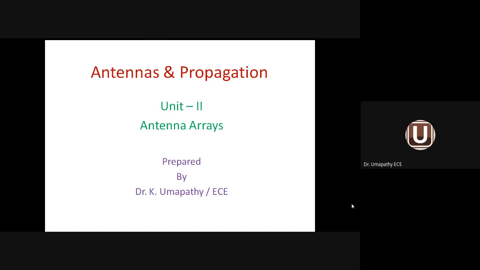Finally, folded dipole and the two derivations we have seen. One is radiation from oscillating current element. The second one is radiation from half-wave dipole or monopole.